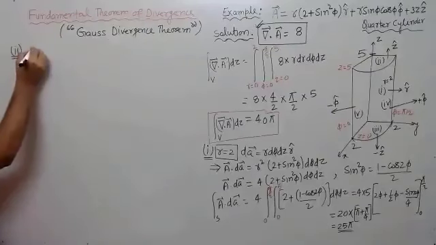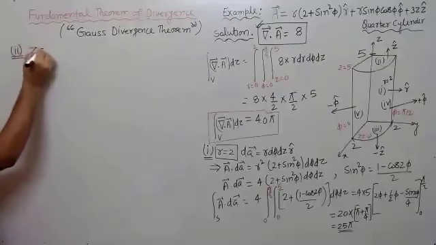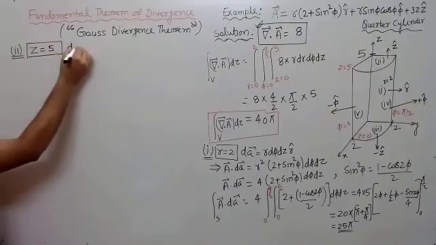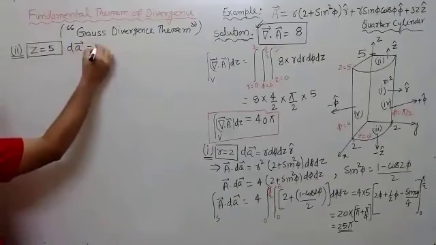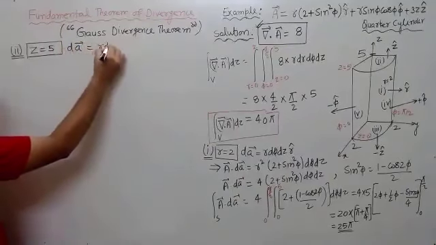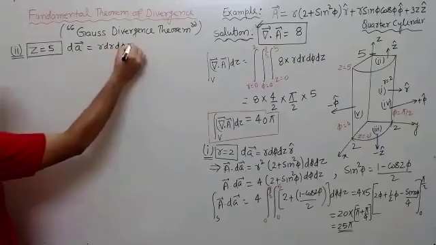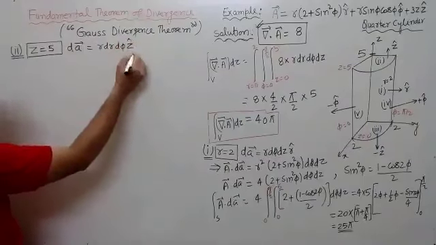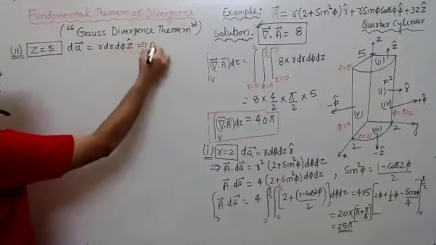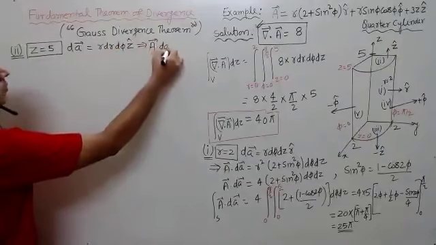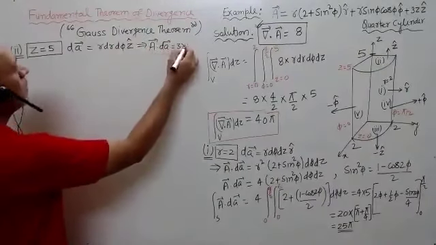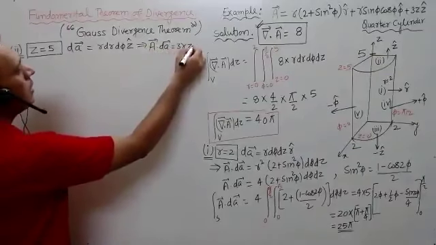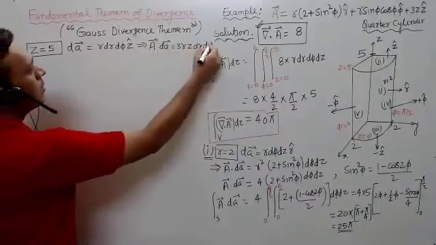So now z is equal to 5 plane. So what will be dA over this surface? r dr d phi z cap. So what will be A dot dA? The last term, 3r z dr d phi.